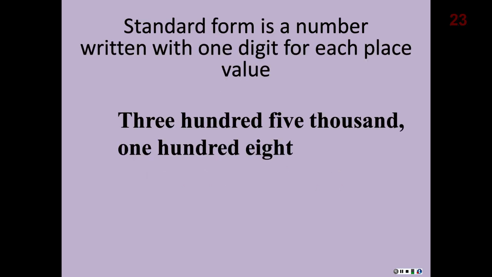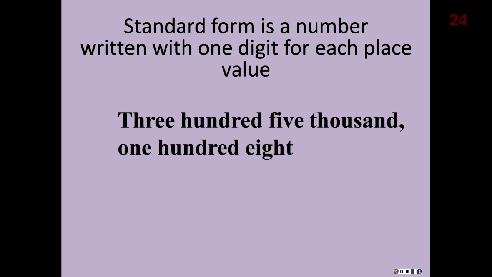Now, what does standard form mean? Remember, we just talked about that at the beginning of the lecture. What's standard form? It's the actual numbers with the comma format, right? So, what would I write for this particular number? 305,108.